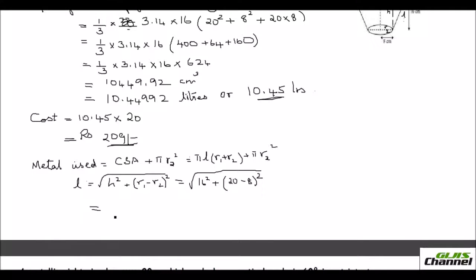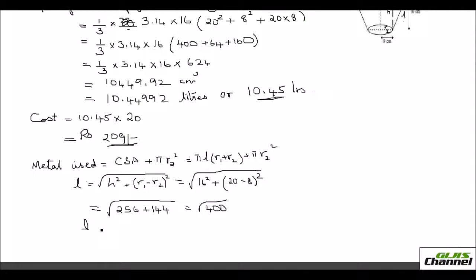So that will give you square root of 16 square is 256 and 20 minus 8 is 12, square is 144. So your L is equal to square root of 400. So L is 20 centimeters.